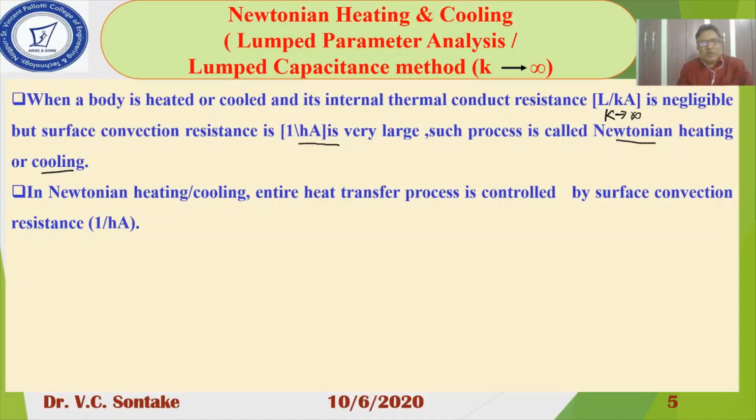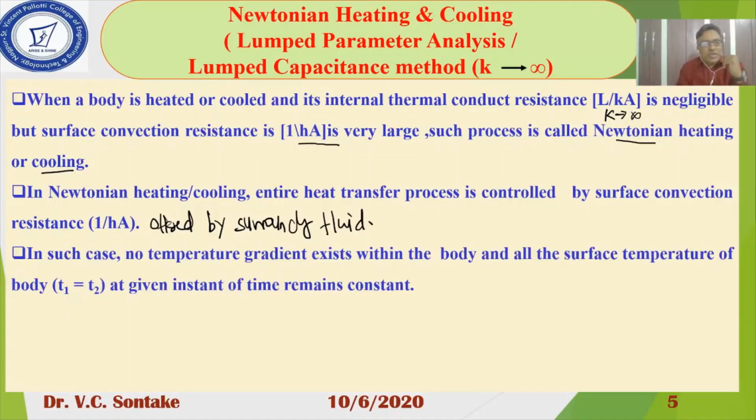In Newtonian heating or cooling, the entire heat transfer process is controlled by surface convection resistance. And who offers this surface convection resistance? The surrounding fluid. In such a case, no temperature gradient exists within the body, and the surface temperatures of the body, in our case T1, T2, at a given instant of time remain constant and the same.